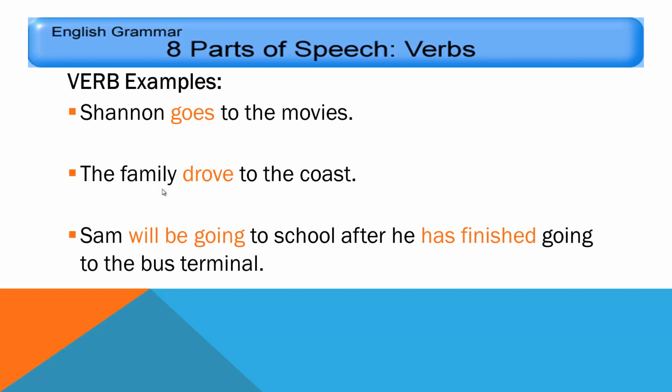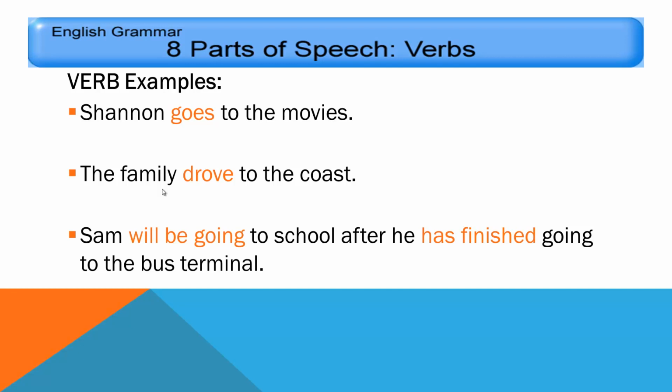A few more examples. Shannon goes to the movies. Again, go is what she's doing. The family drove to the coast. Again, drove is what the family is doing. Sam will be going to school after he has finished going to the bus terminal. You'll notice that will be going is a verb with a couple of helping verbs. Will and be are helping verbs. Going is the main verb. And because this is a future tense activity, that's what will and be help us to see.